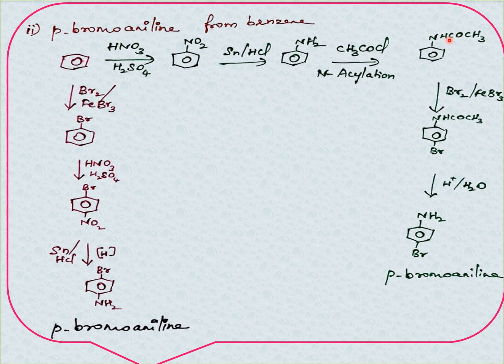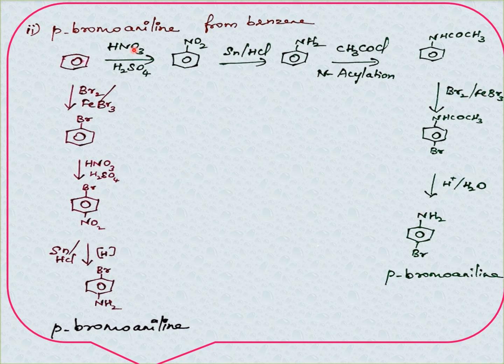Anilide is formed, followed by bromination. As it is an ortho-para directing group, para-bromoacetanilide is formed as the major product, followed by acidic hydrolysis. This anilide group is converted into para-bromoaniline. In this way we can do the synthesis.